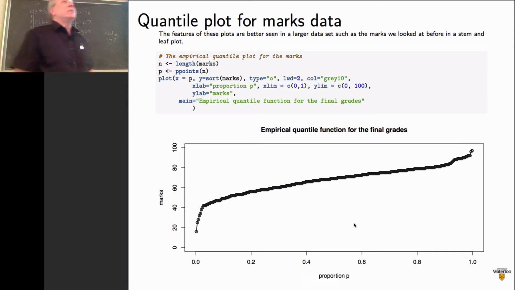It wasn't symmetric, right? There were a lot of stragglers on the low grades. That tail was a little longer. And on the upper side, most of the people piled up towards the upper end. And you can look at that here, these are people standing now at the height of their marks.